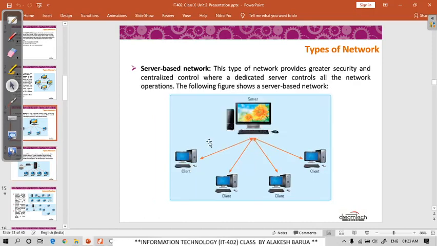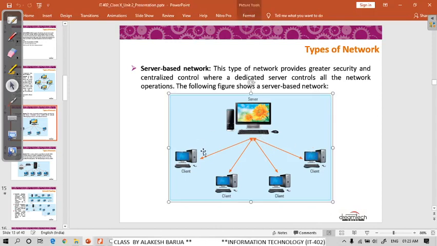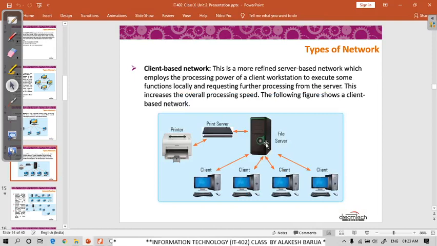Think of this as, what can I say, a very strict household. Father and mother say, children will have to obey, no questions asked. Okay, here, father is saying something, mother is saying something, and the children are also giving their opinion on it.